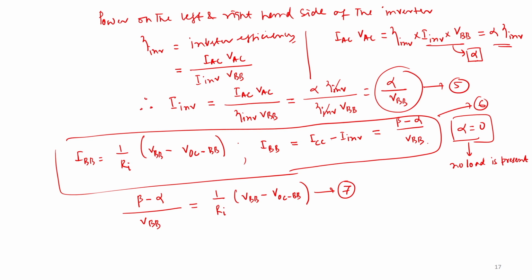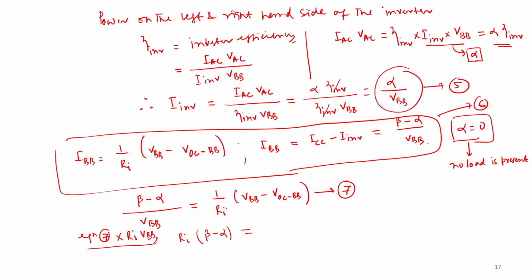So, now if we multiply equation 7 by RI into VBB, then this equation 7 reduces to RI times beta minus alpha.